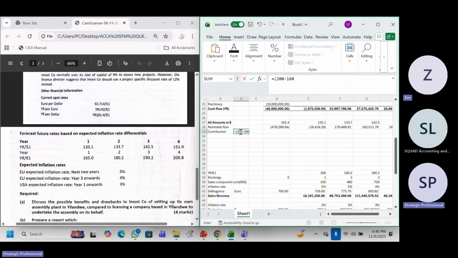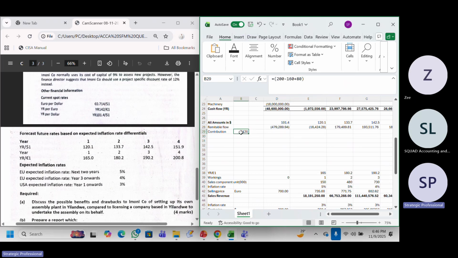Now they told us that they increased it from 200 to 280. So that's a plus 80. So the new contribution is now 120. And thank God it's in dollars.